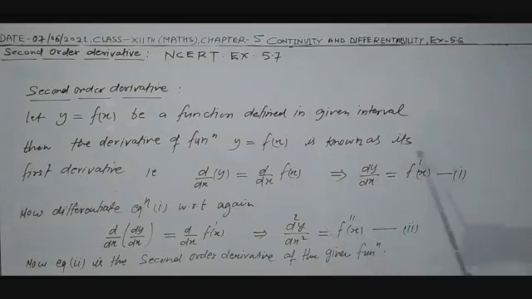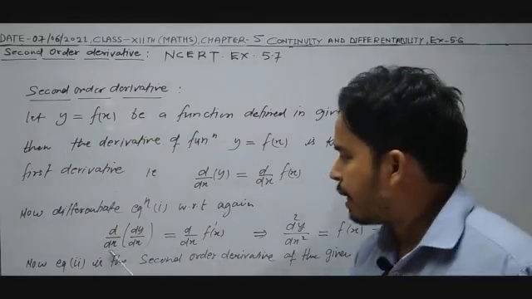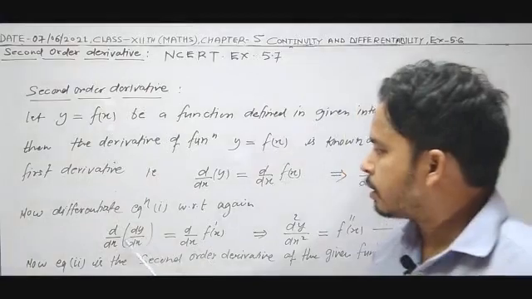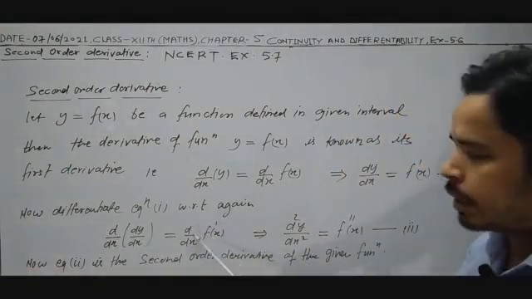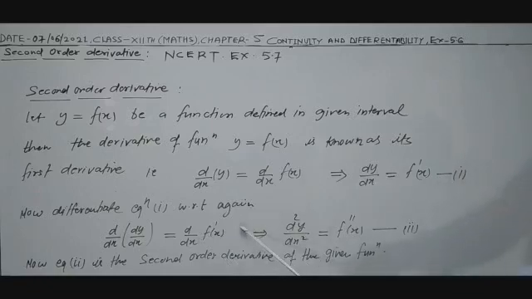When you differentiate again, you get d2y upon dx square is equal to f double dash x.